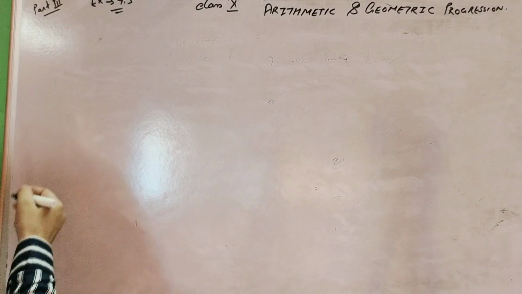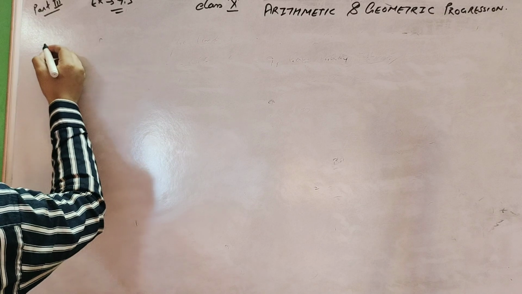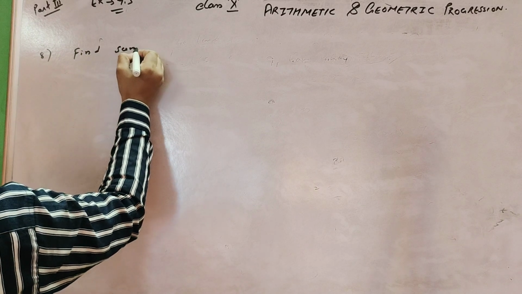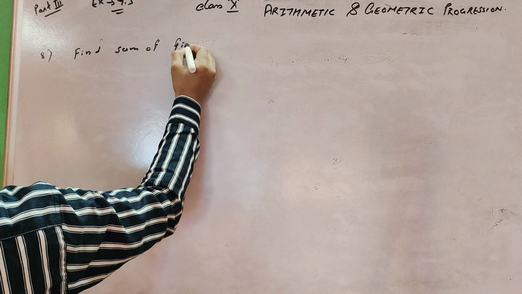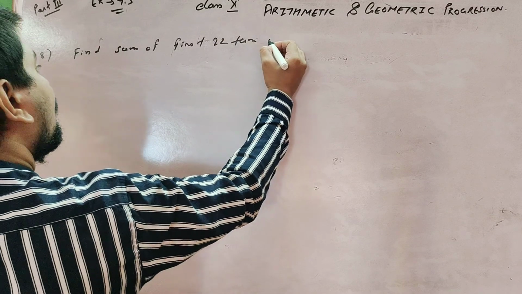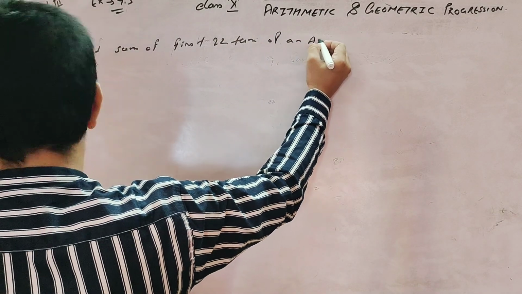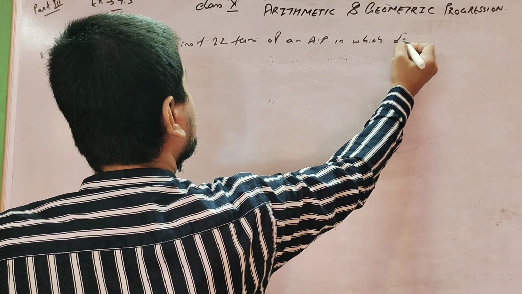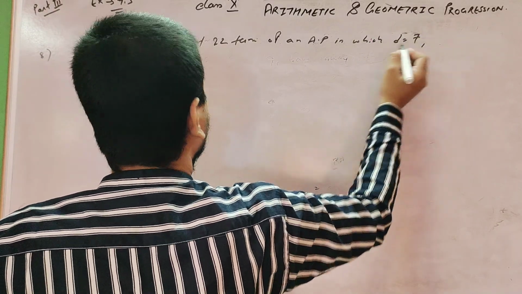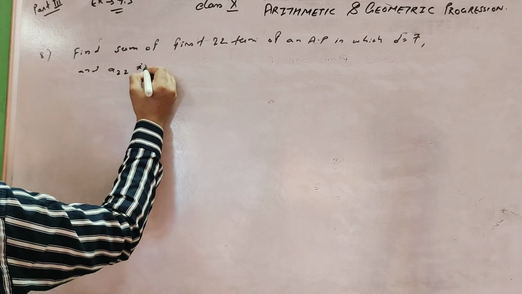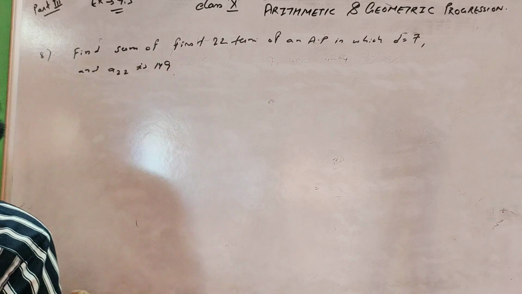Okay, question number 8. Find the sum of first 22 terms of an AP in which d is equal to 7 and 22nd term is 149.